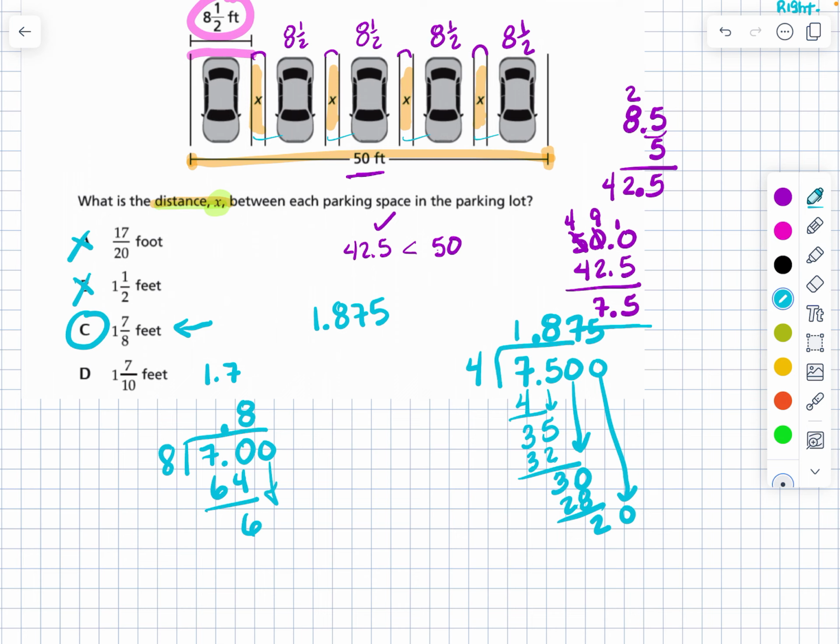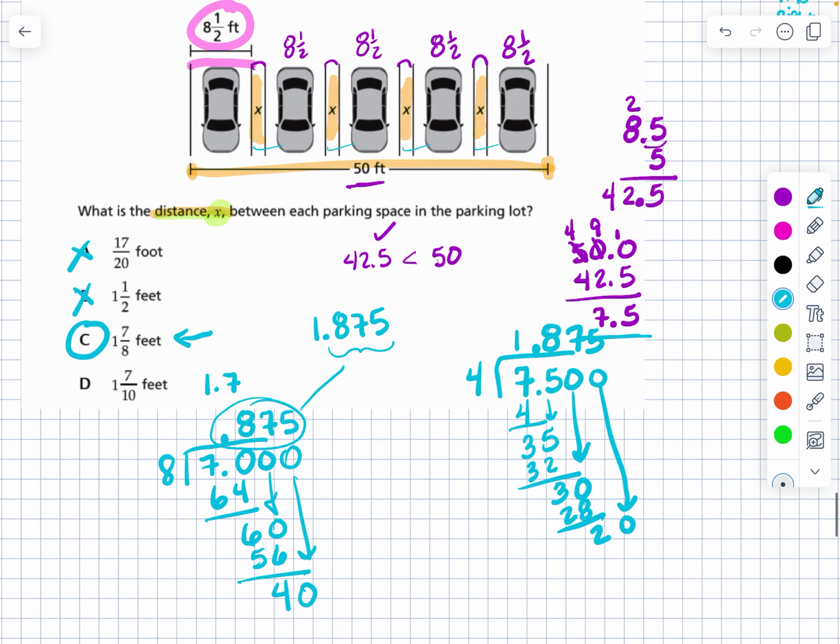Add another 0. 8 times 7 is 56, with 4 left over. Add another 0 and bring it down. 8 times 5 is 40. Look at that, 0.875. That's what we want. That's this. So 1.875, or 1 7/8 feet.